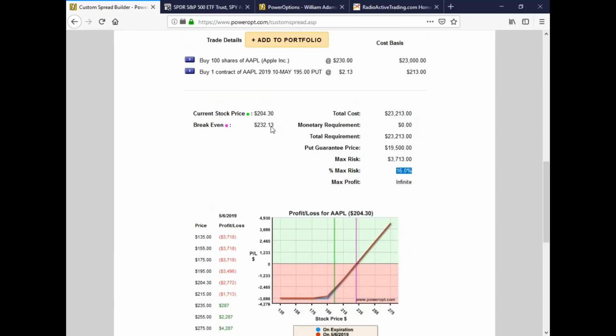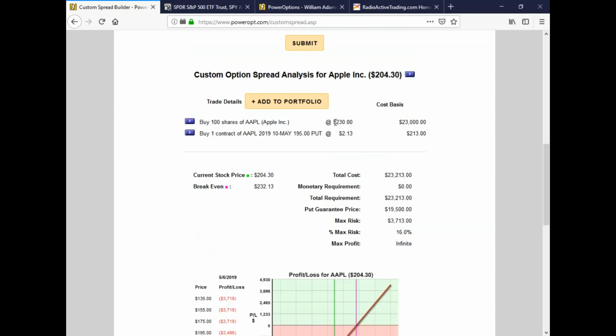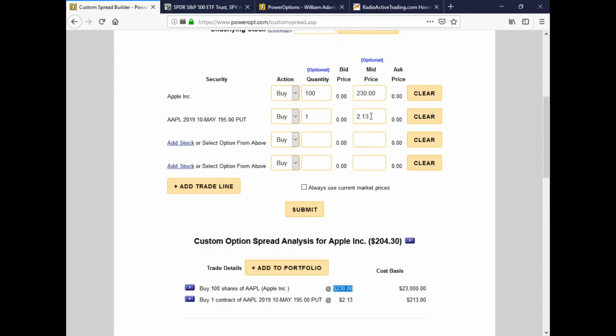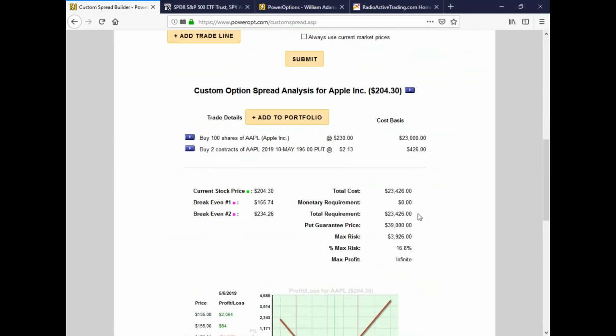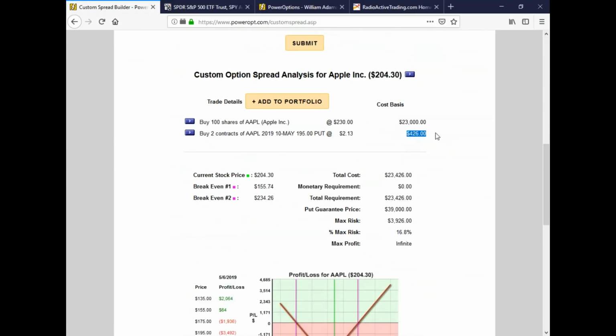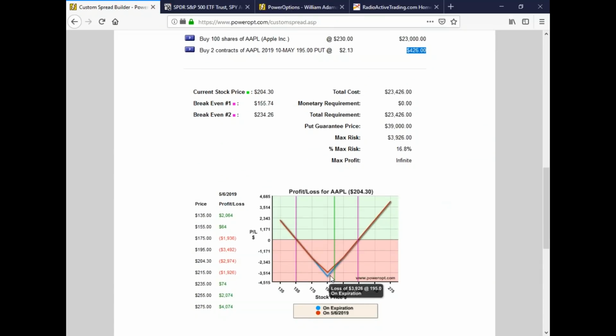If it drops below 195, you could also sell to close the put to hedge what you're already losing on the stock. Get some of those points back in that sense of a decline. Now, I'd mentioned you could buy 2. Why would you ever buy 2? Well, in case it really falls, now I'm adding 2% cost, $426 against $204. The loss steepens.